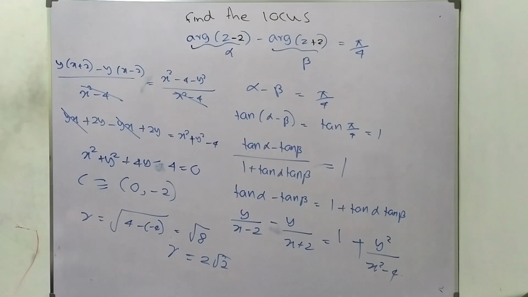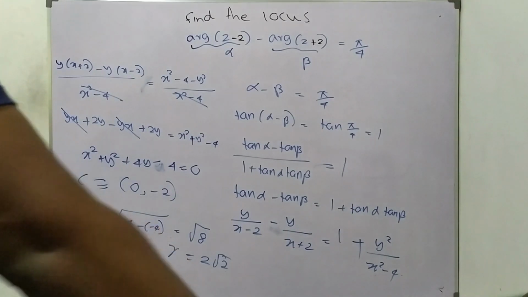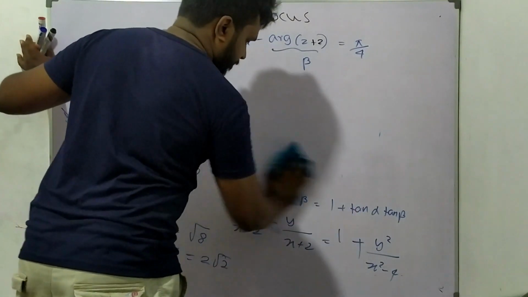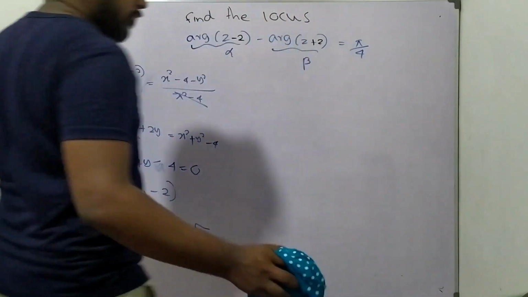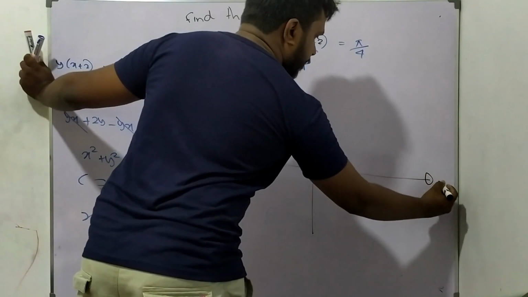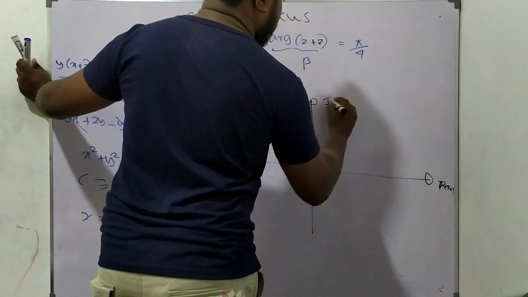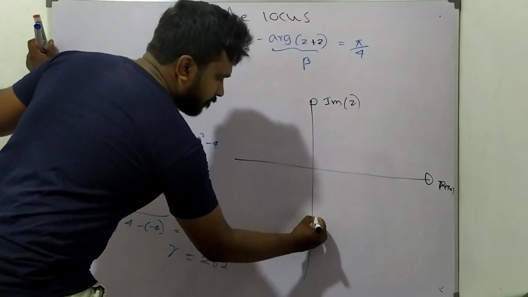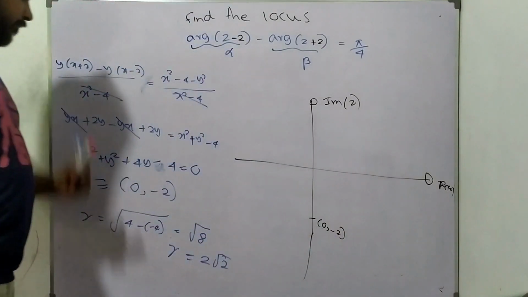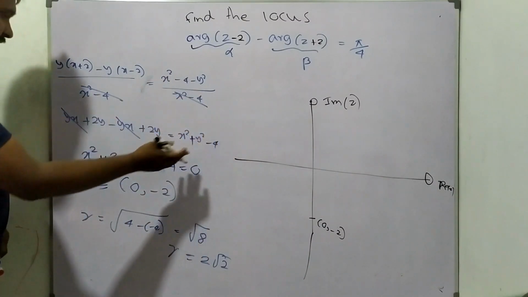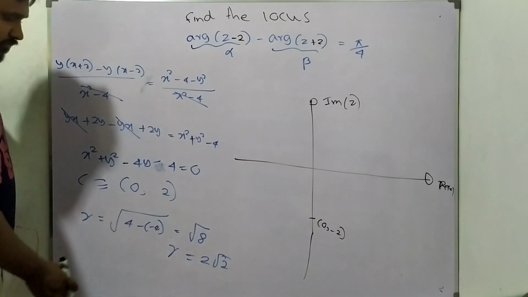Okay, so then I'm going to draw the Argand diagram to insert that circle. Real z, imaginary z, right? The center is 0, 2. I'm sorry, this is going to the other side. Then it's minus 4y, then it's plus 2.